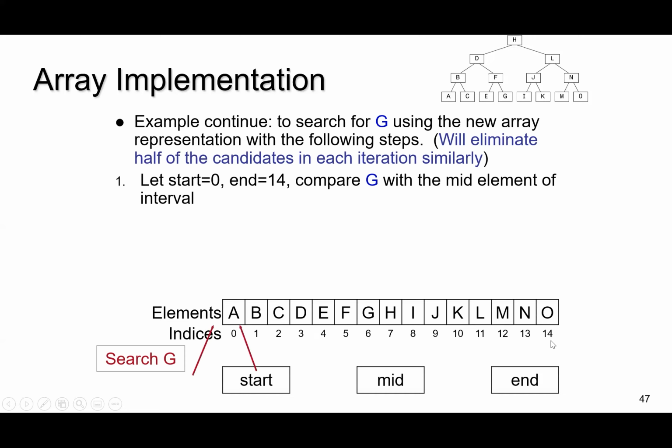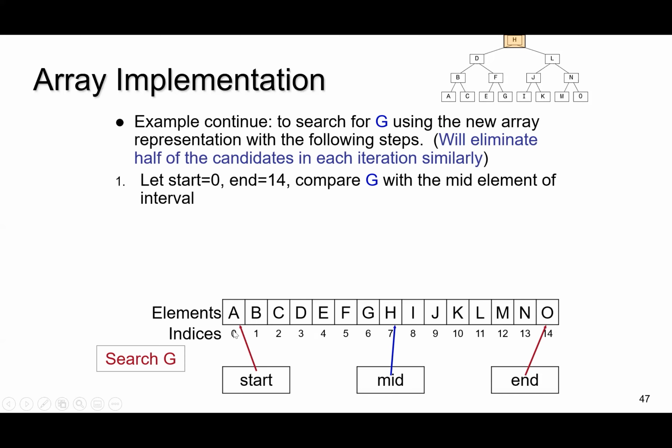Okay, and what is this mid? The mid is the middle element between your start and end. If your start is here and your end is here, your middle should be somewhere between your start and end. So how do I calculate the middle?